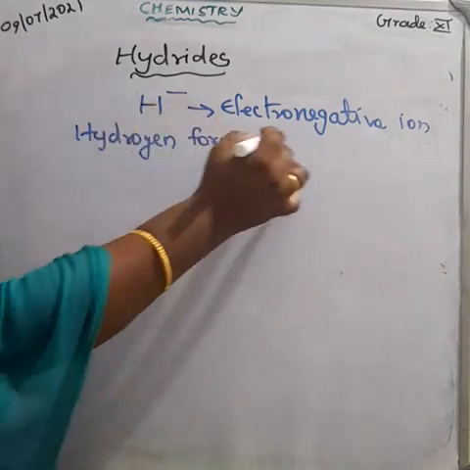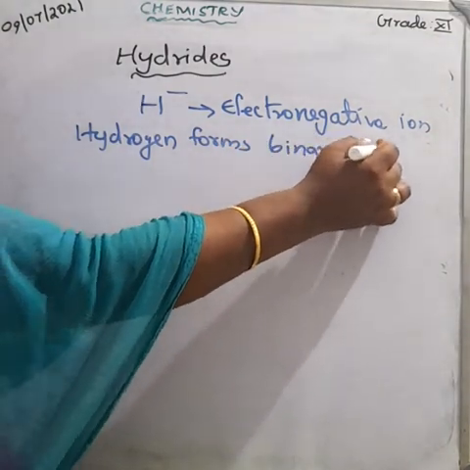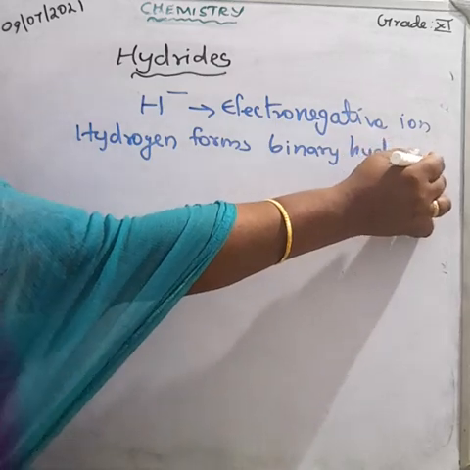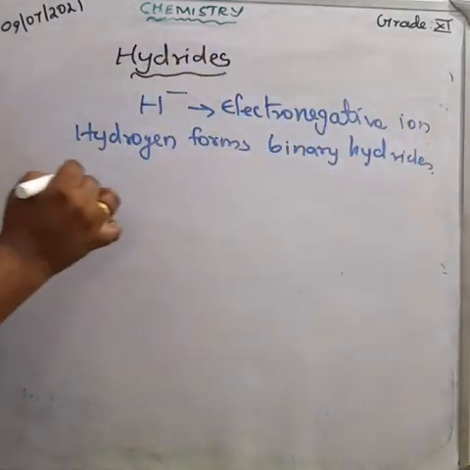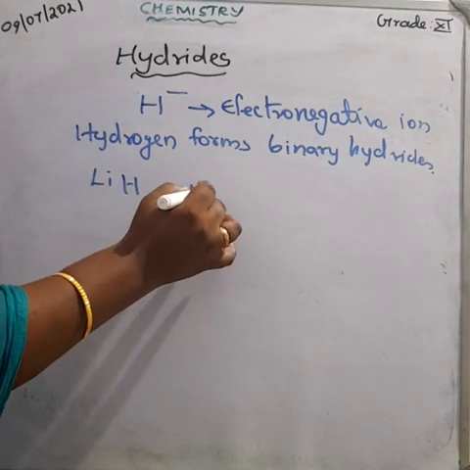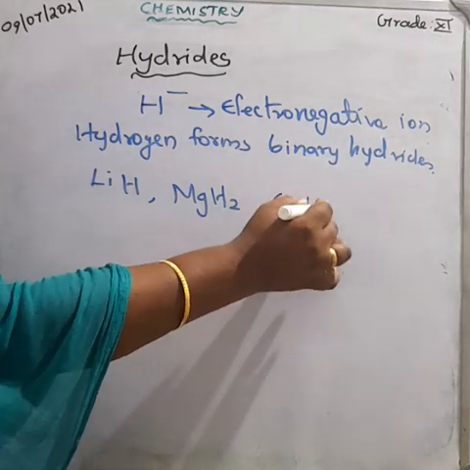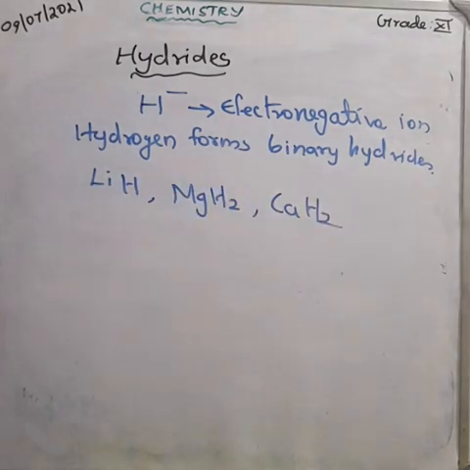Binary hydrides means hydrogen combines with one other element. For example, lithium hydride, LiH, magnesium hydride, MgH2, calcium hydride, CaH2. Understand?